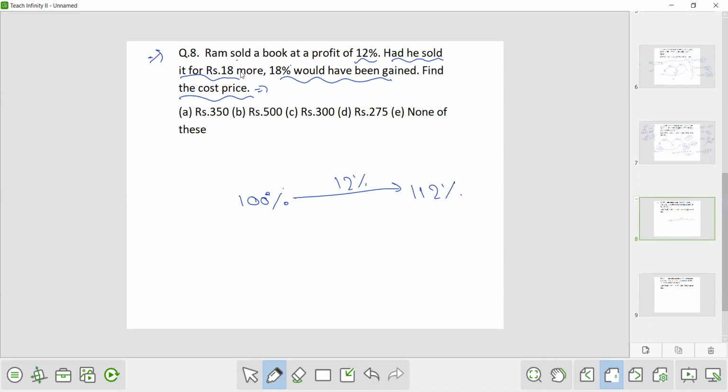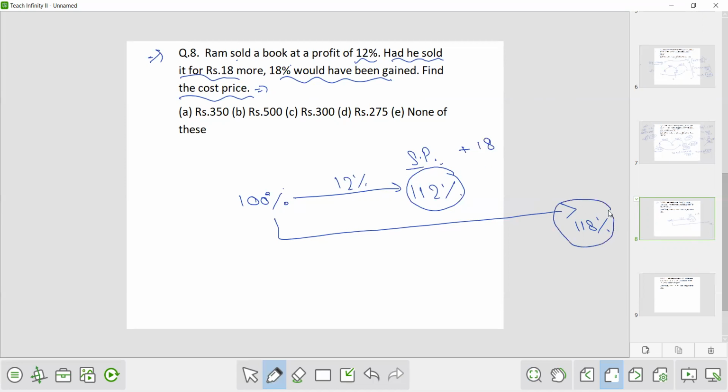Had he sold it for rupees 18 more, 18% would have been gained. Now the gain would have been 18%, that is 118%, when he would have sold it at rupees 18 more. So whatever the selling price SP1, if you had added 18 more to this SP1, he would have gained 18%.